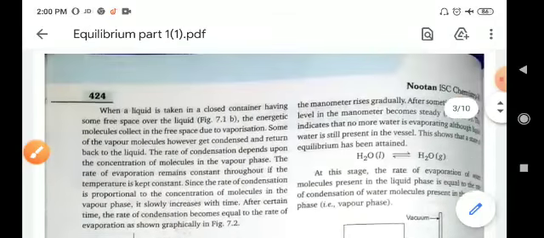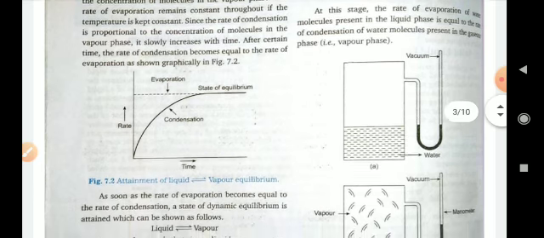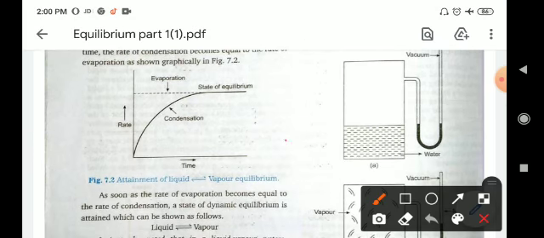Here you can see one experiment in which a container is filled with liquid, and a vacuum manometer is also attached to the container, which is filled with water. Here you can see the level of mercury.